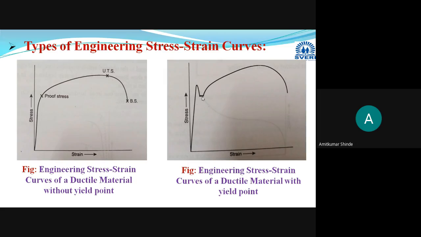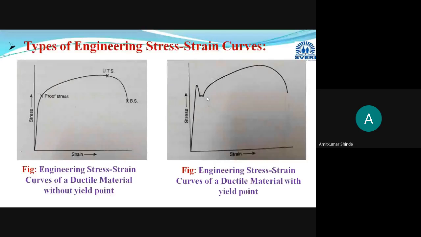Ductile material sometimes shows a yield point. Here in this region you can clearly see that stress remains constant, but strain value increases. Strain increases, but the corresponding stress value is constant. This will be termed as the yield point, and the corresponding stress will be termed as the yield stress.